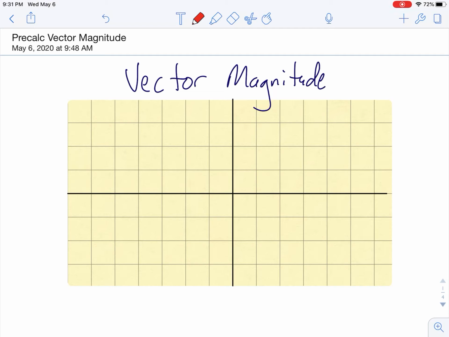So a vector is a symbolic representation of anything that has direction and magnitude. Magnitude is just another word for size. Now, size can be a physical thing like 4 inches or 5 units on a graph. It can be a size like miles per hour or force or all sorts of different things a vector can represent.